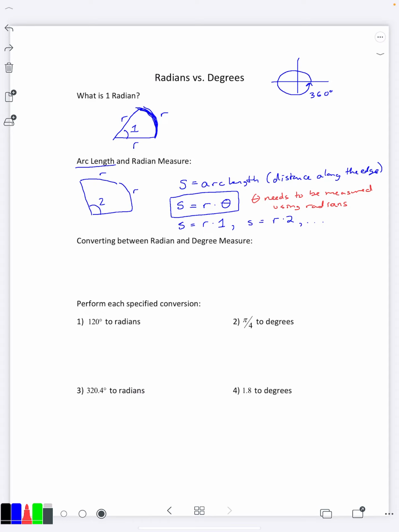Now we're about to see how to convert back and forth, so that if I did give you a degree angle and I asked you to find the arc length, you could convert it to a radian angle and use that to calculate the answer. Or if you wanted to, you can change the formula to work for angles in degrees. I'll give that to you a little later in this video. But this nice simple formula, S equals r times theta, only works when you have a radian angle.